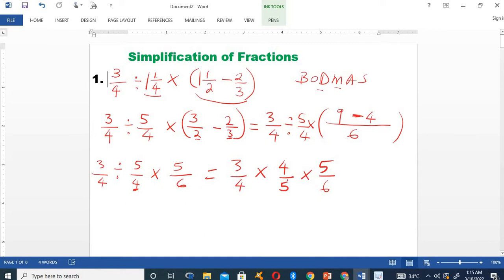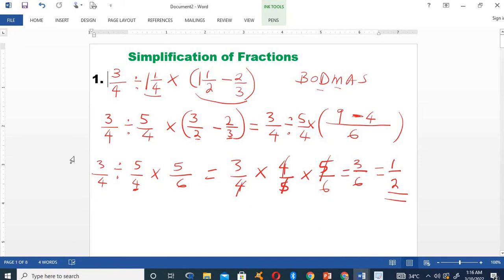So I have 5 in the denominator and numerator, so I will cancel, and this also will go. So the numerator remaining is 3 and the denominator remaining is 6, which I can further simplify, and if I do that, I'm going to have 1 over 2, and that is our final answer.